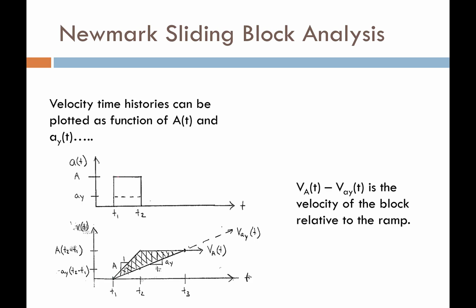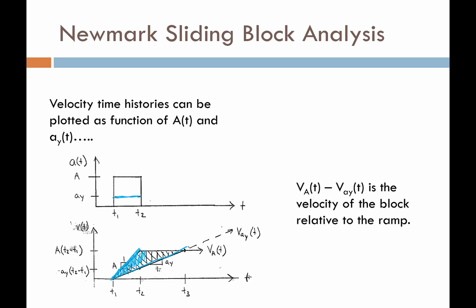Okay, so at time 1, my plot starts right here. And if I integrate this flat line, that's going to be a slope line in velocity space. Okay, so that slope is just going to equal that constant value A. Now I've got another slope down here that represents the yield acceleration, so it's going to have a lower slope, A sub y, and it's the area in between that I care about.